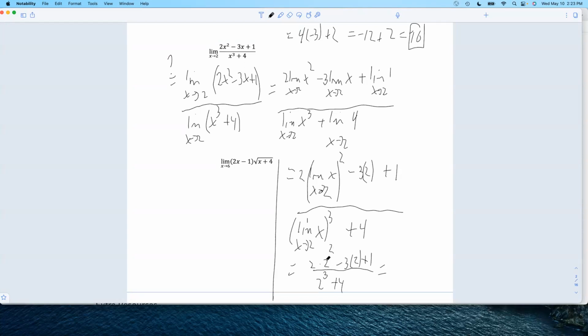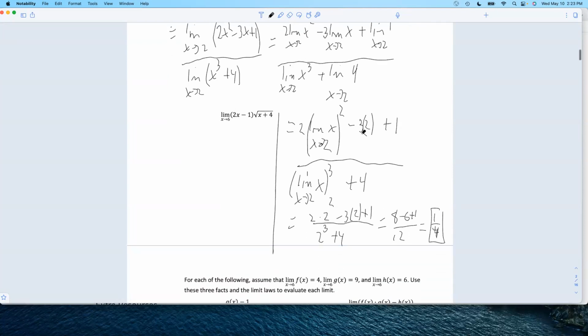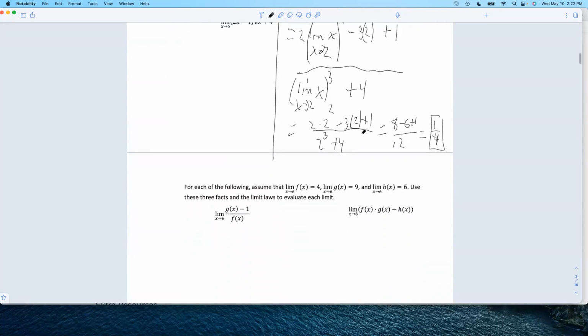That'll be, let's see, 4, so that's 8 minus 6 plus 1 over 8 plus 4 is 12. So that'd be 2 plus 1, 3 over 12, 1/4, I think. Maybe somebody check my arithmetic there. Okay, and that's a good place to stop for this one.